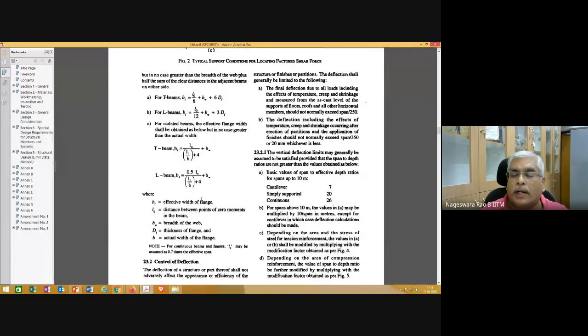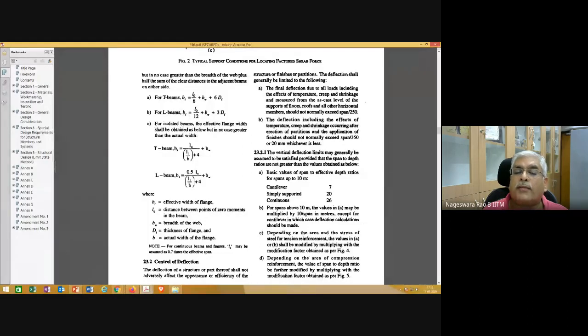So you don't need to mug up these formulas, or if you repeatedly do many problems, then automatically you are going to remember these equations. Okay, effective width of flange for T-beams, effective width of flange for inverted L-beams.